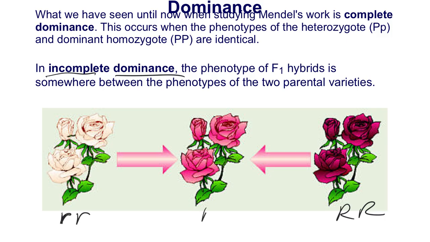And then the heterozygous genotype is big R, little r. But if this is incomplete dominance, then there'll be a blending of the 2 traits in the heterozygous.